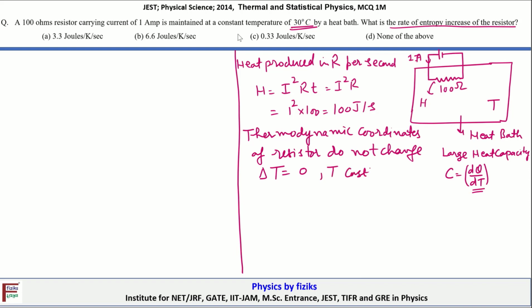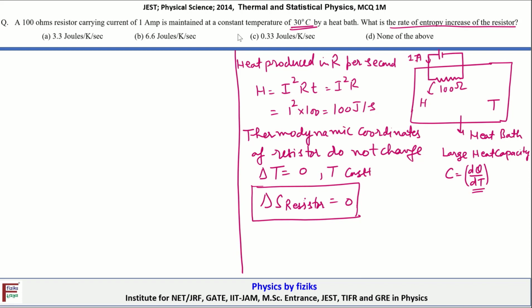And at the same time, whatever heat is generated within the resistor is immediately shared with the heat bath. So that means delta S for the resistor is equal to 0. There shall be no entropy change for the resistor because its coordinates are in equilibrium, or you can say it's always in the steady state. Its state is not changing.